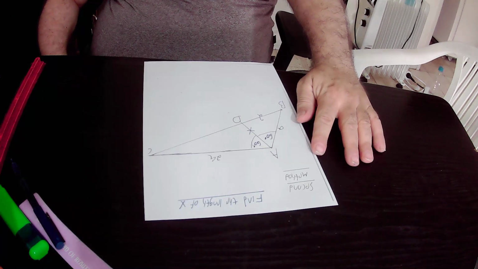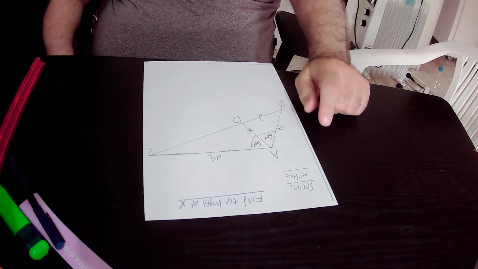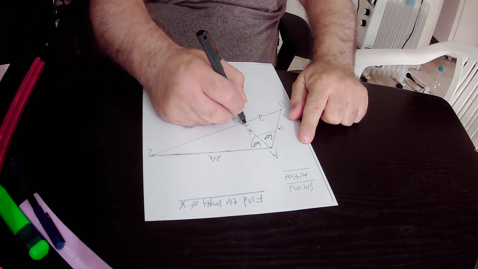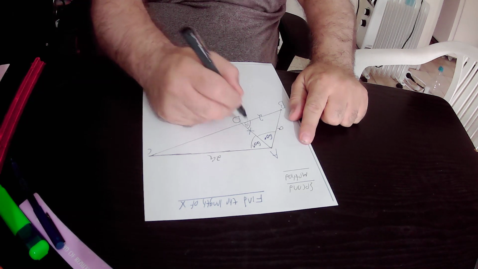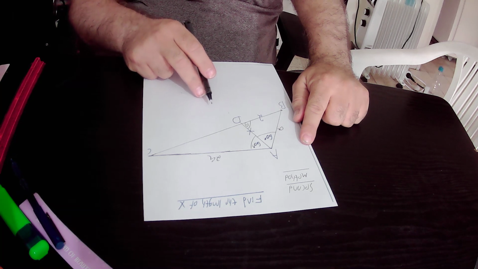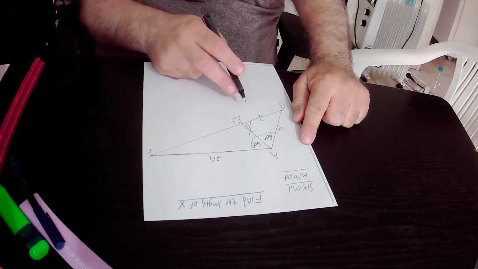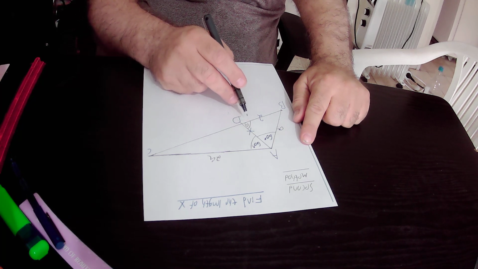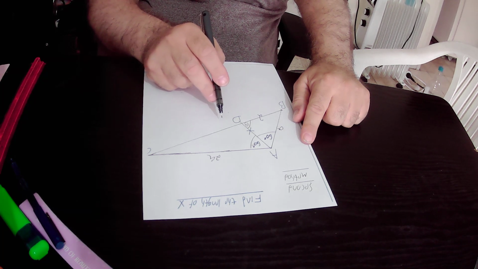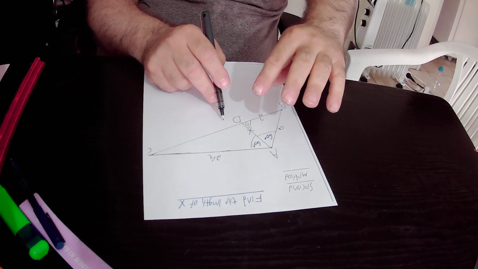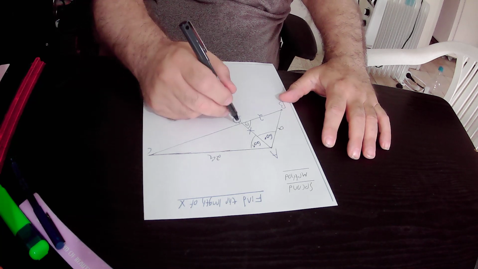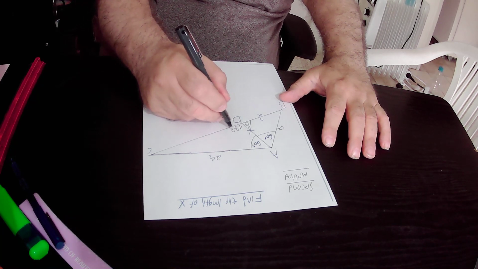In the second method, we define angle ADB as theta. BC is one side of triangle ABC, therefore it is a straight line. So if angle ADB equals theta and BC is a straight line, and we know that the sum of the angles on one side of a straight line is equal to 180 degrees, it means that angle ADC must be equal to 180 degrees minus theta.